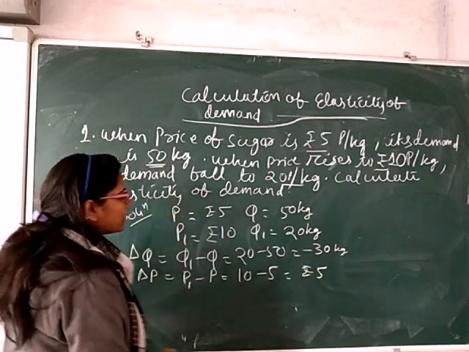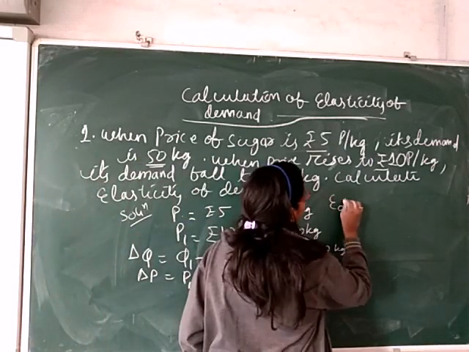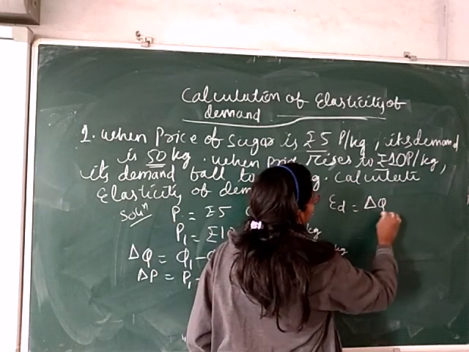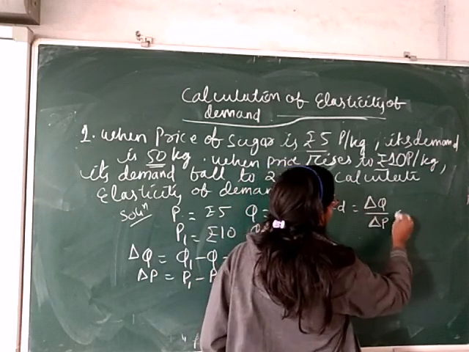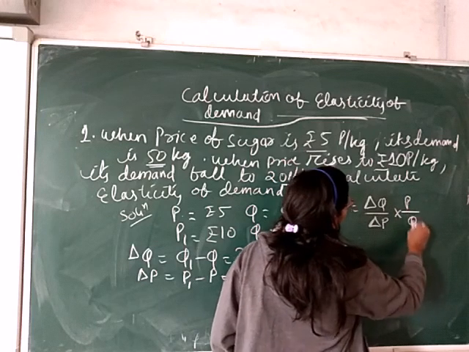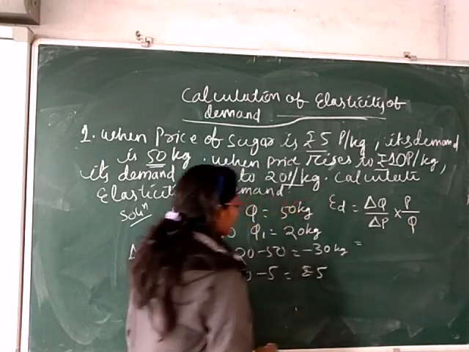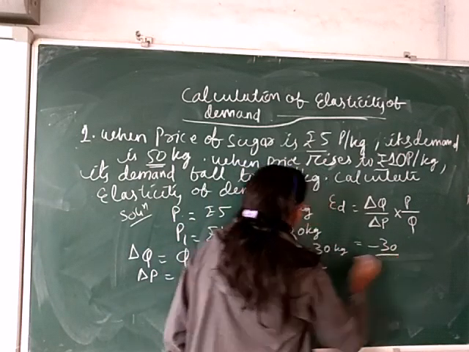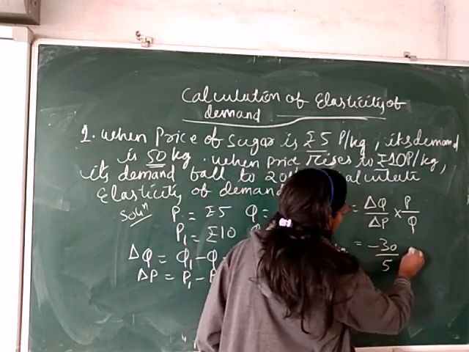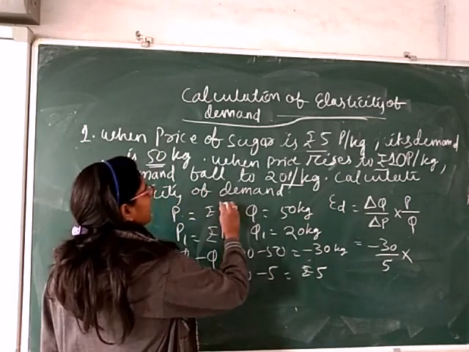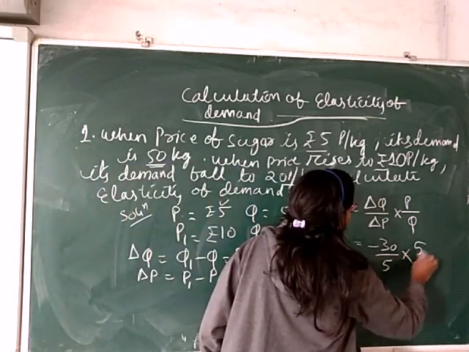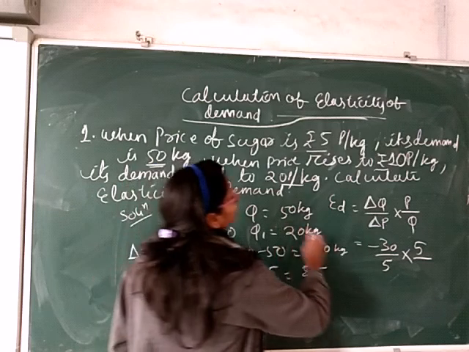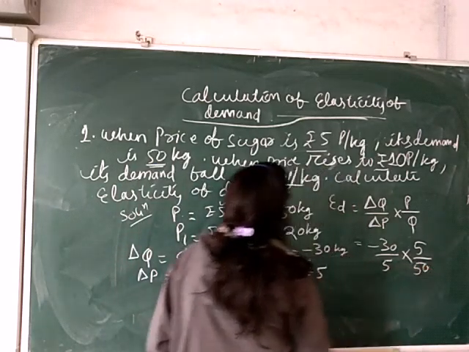Now put the formula of elasticity of demand. Elasticity of demand equals delta Q by delta P into P by Q. So delta Q equals minus 30 and delta P equals 5 rupees, into P, the original price, that is 5, divided by Q, the original quantity, 50.